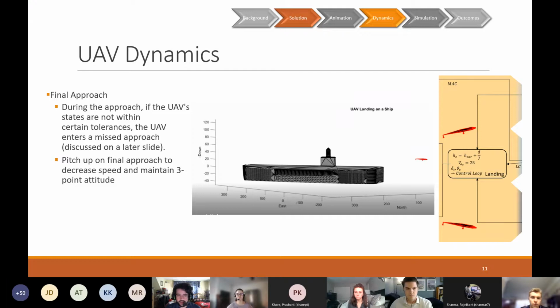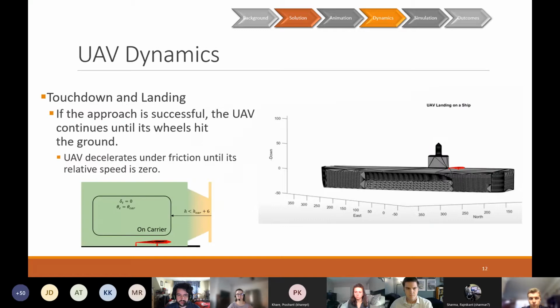On the final approach, the plane will pitch up to decrease speed and height, so it can maintain a 3-point attitude on the landing. Once it does touch down on the deck, the UAV will decelerate under friction until its relative speed is 0 on top of the moving carrier.